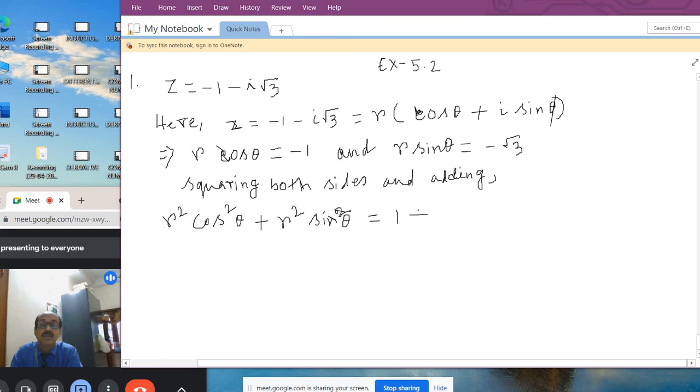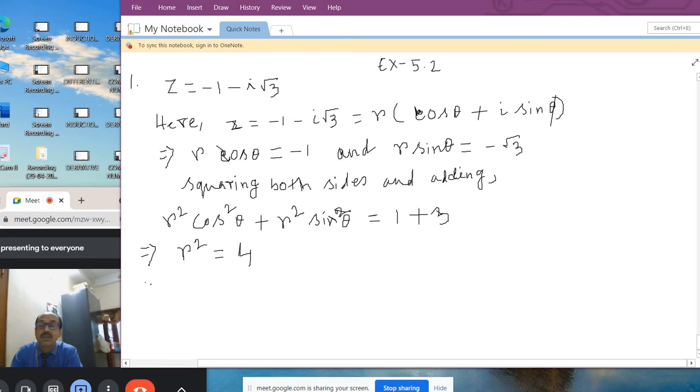So 1 plus 3. Then r square is common, cos square theta plus sin square theta is 1. So r square equal to 4, r is equal to 2.